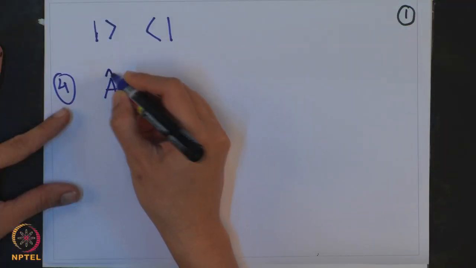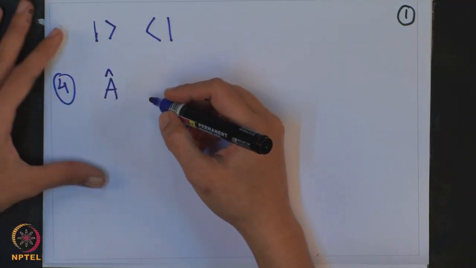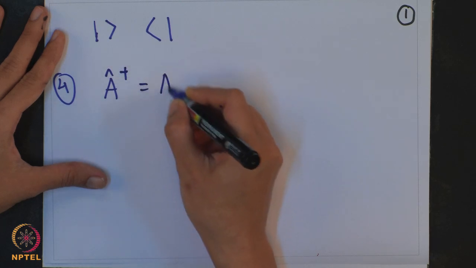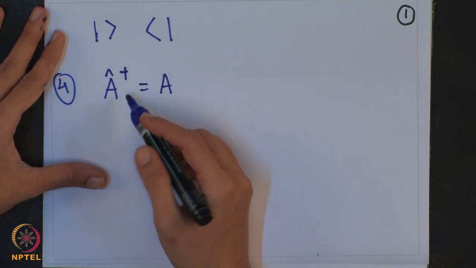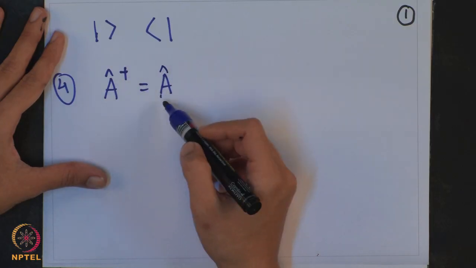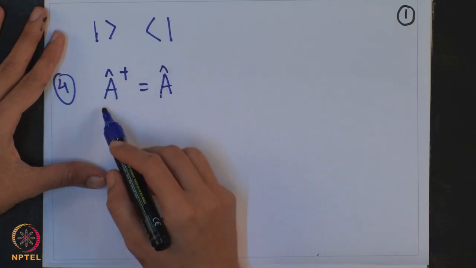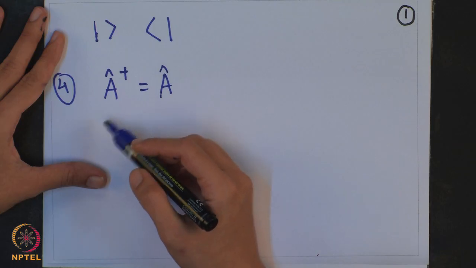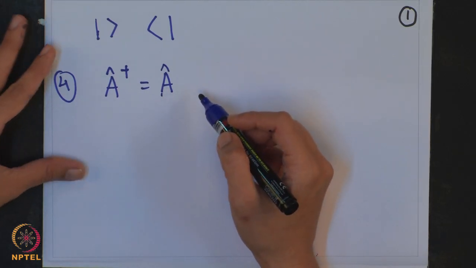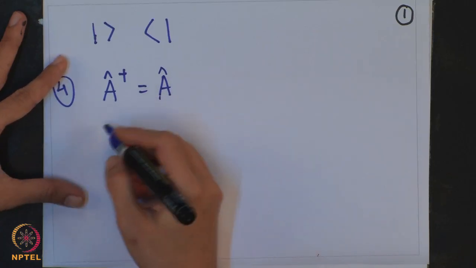A Hermitian operator is given to you. A Hermitian operator is an operator where, when you take the dagger, A dagger is A. You have to prove that the expectation value of A square is greater than or equal to 0.